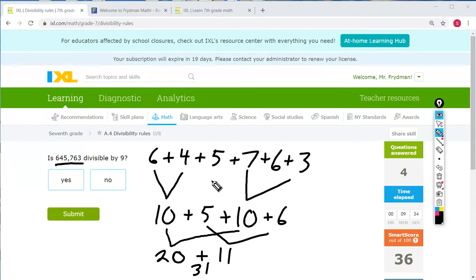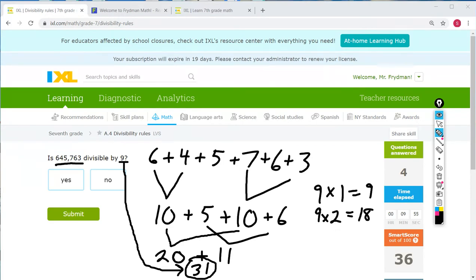Okay, now, what's the next thing that we have to do? Now we have to ask ourselves, does 9 go nicely into 31? Well, what are our 9 times tables? 9 times 1 is 9. 9 times 2 is 18. 9 times 3 is 27. 9 times 4 is 36.